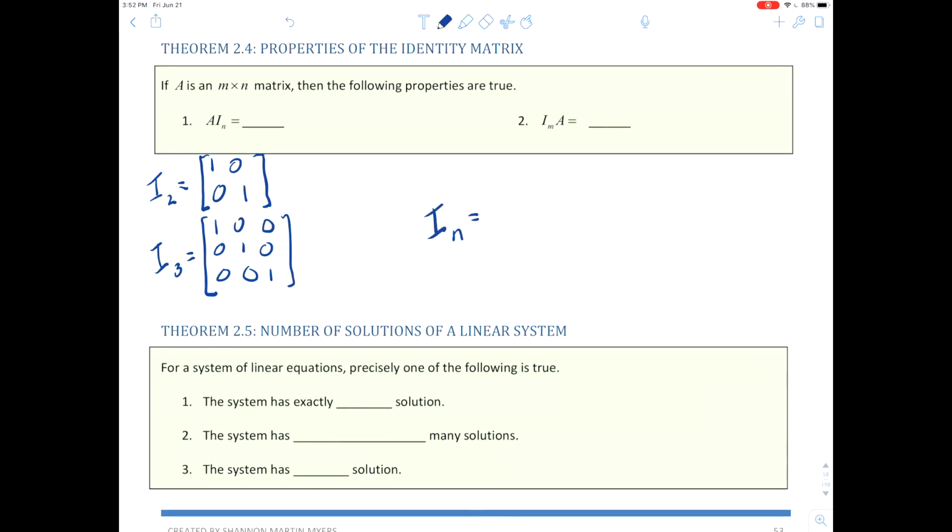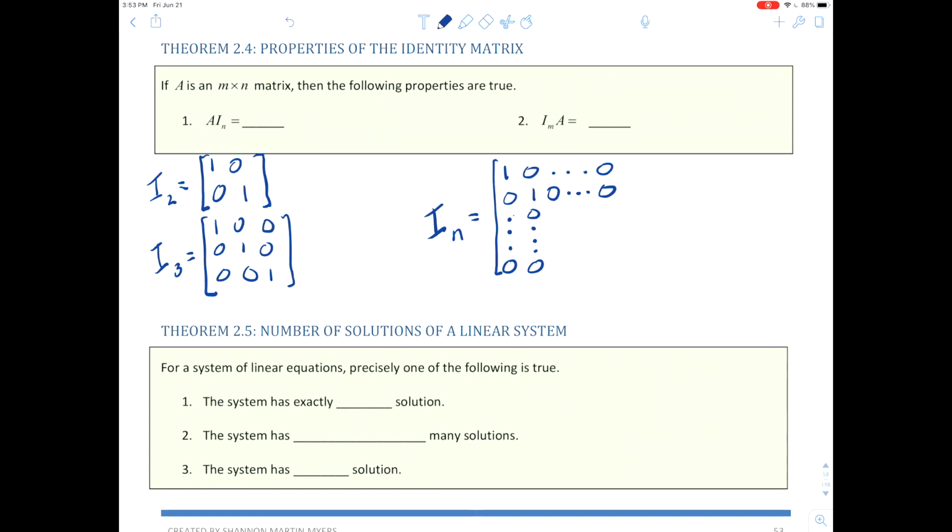Well, let's check it out. So for IN, what would we have? We'd have 1, 0, dot, dot, dot, all the way down, zeros. And then you'd have a 0, 1, 0, dot, dot, dot, 0. And then this one would continue down like so. We'd have all zeros underneath, and then it would go down all zeros.